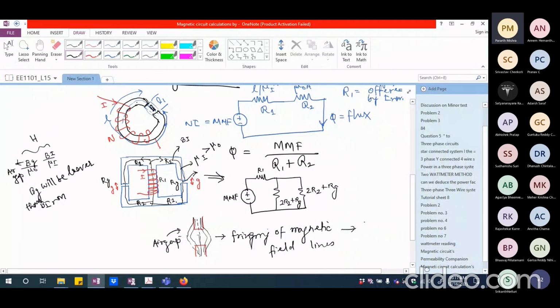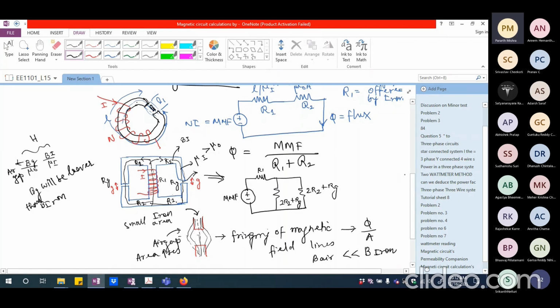So the flux density is actually flux divided by area. Here the air gap area increases, whereas the iron cross-sectional area is small. Which means I'm going to have B in air much lower than B in iron, which should be the case obviously if we are talking about a permeability ratio of 4,000 or 5,000.